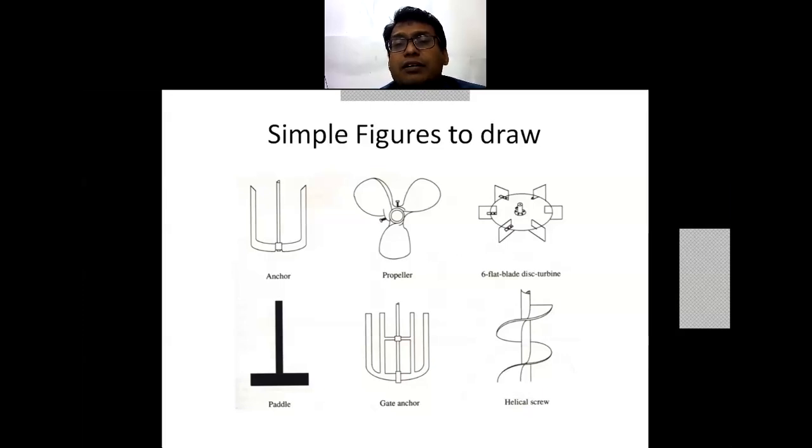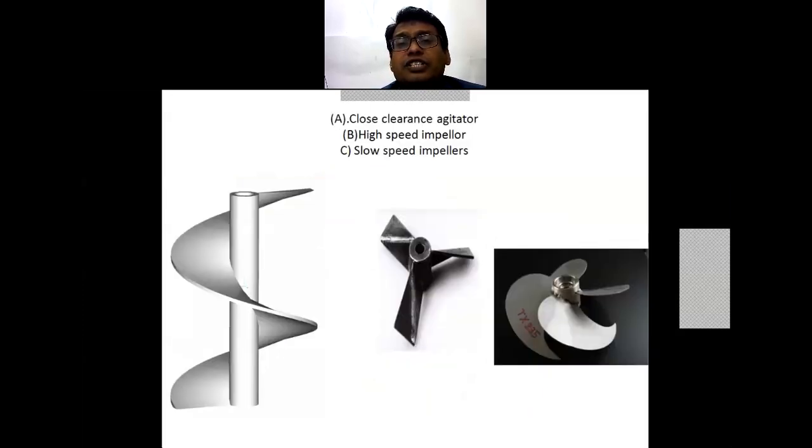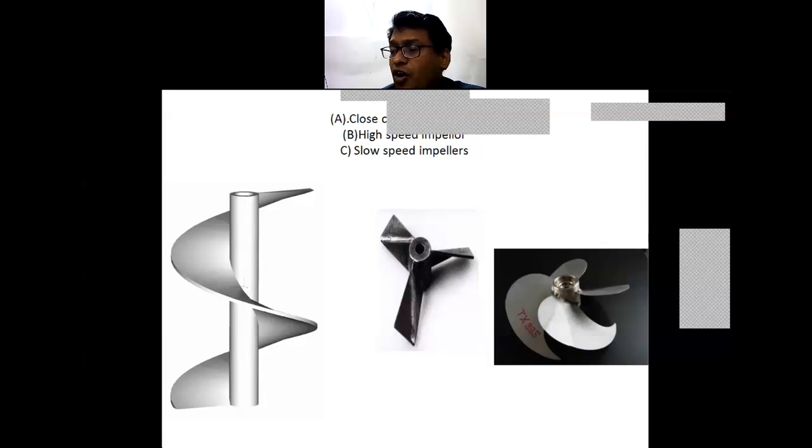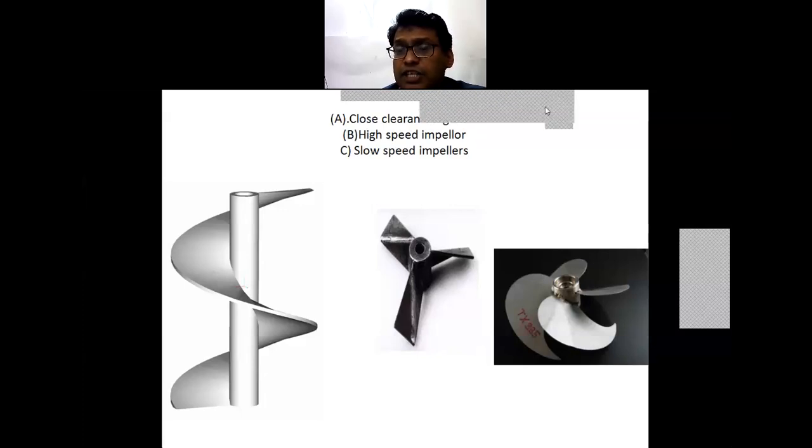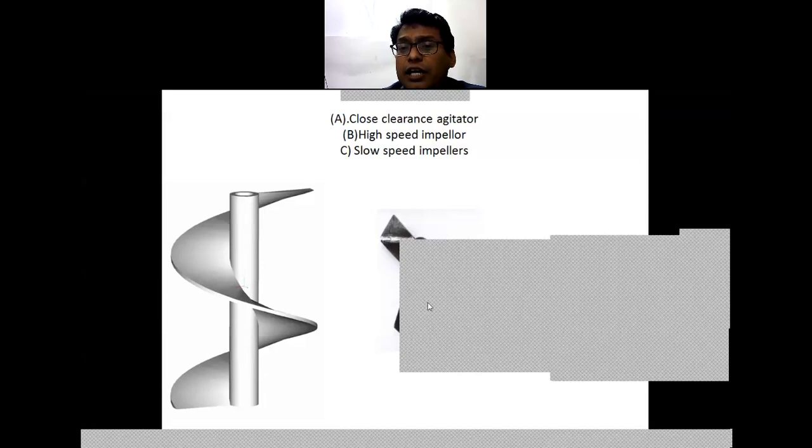These impellers may have a very close clearance with the vessel, or be a high speed impeller, or a slow speed impeller. The shape of the impeller and the dimensions of the impeller are all going to vary depending on the different purpose.